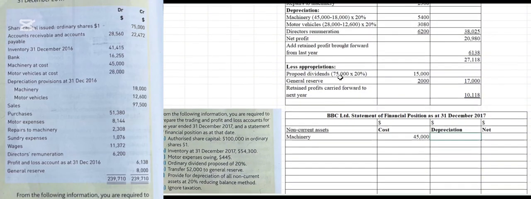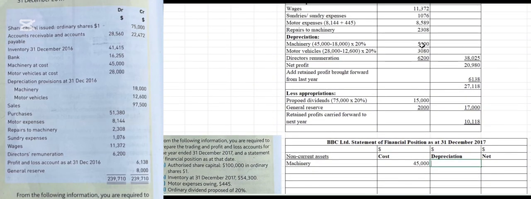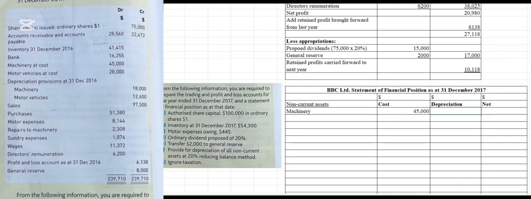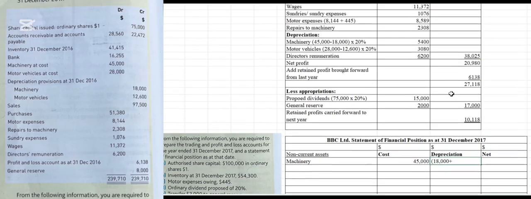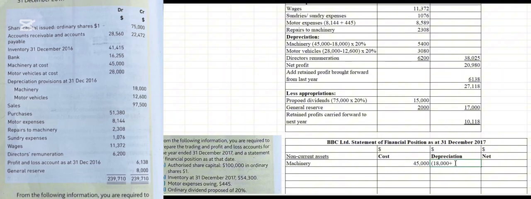The other figure will come from the final depreciated amount, which is 5,400. So it will be the provision for depreciation that they gave to us, which is 18,000, plus the depreciation value that we worked out, which is 5,400. This will equal 23,400.